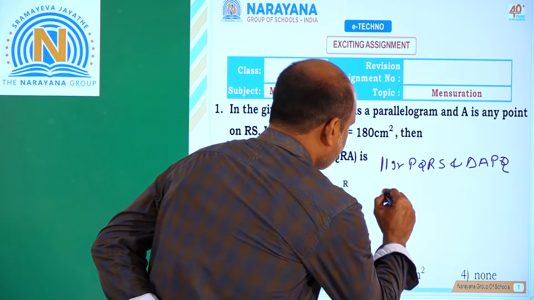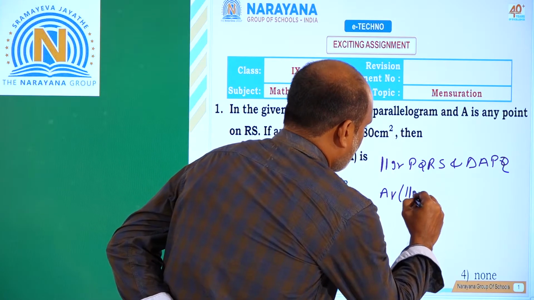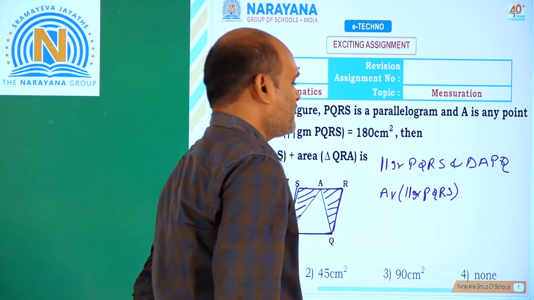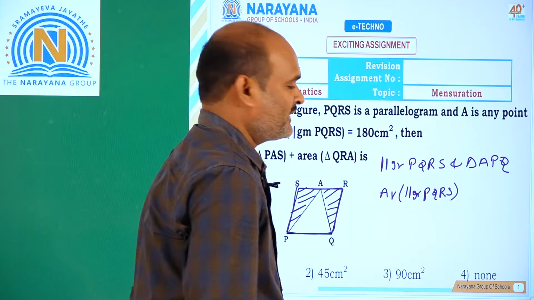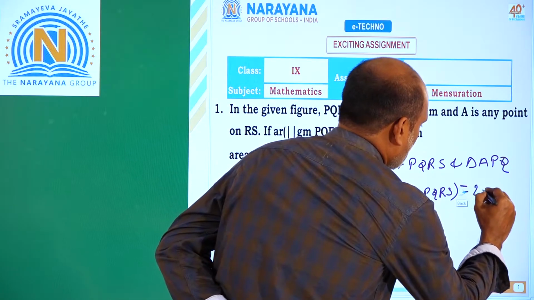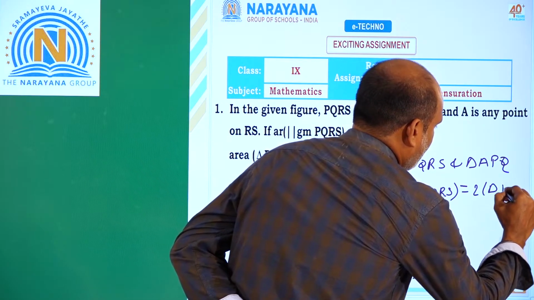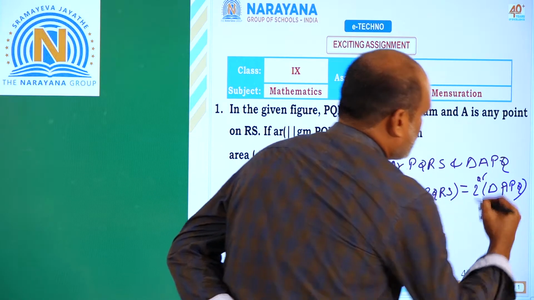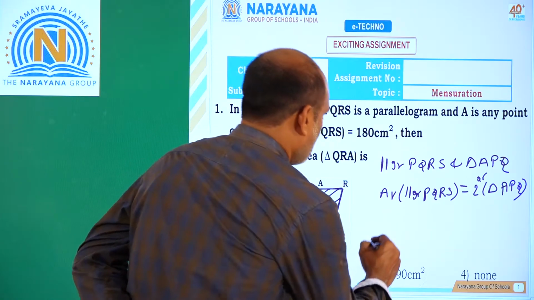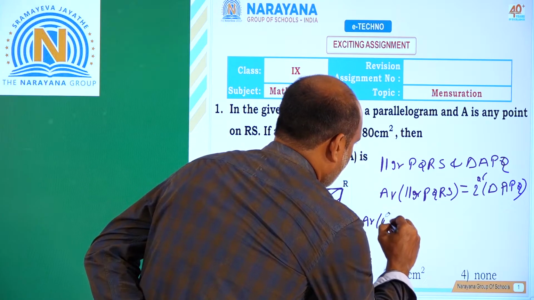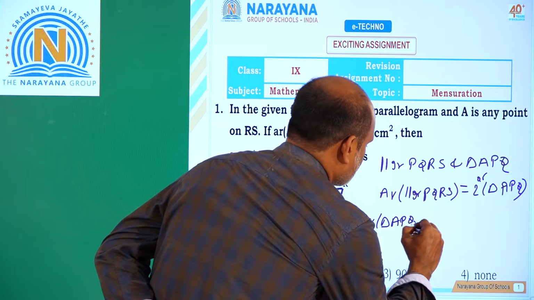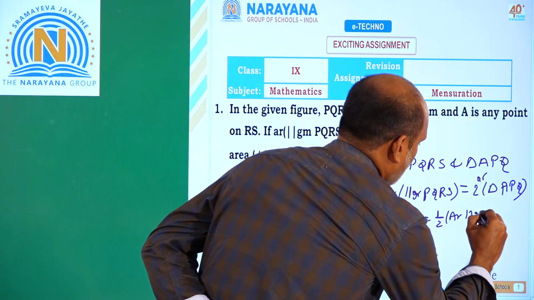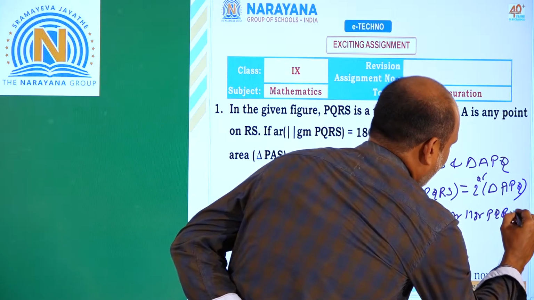So the area of parallelogram PQRS is equal to 2 into the area of triangle APQ. So the area of triangle APQ is equal to 1 by 2 the area of parallelogram PQRS.